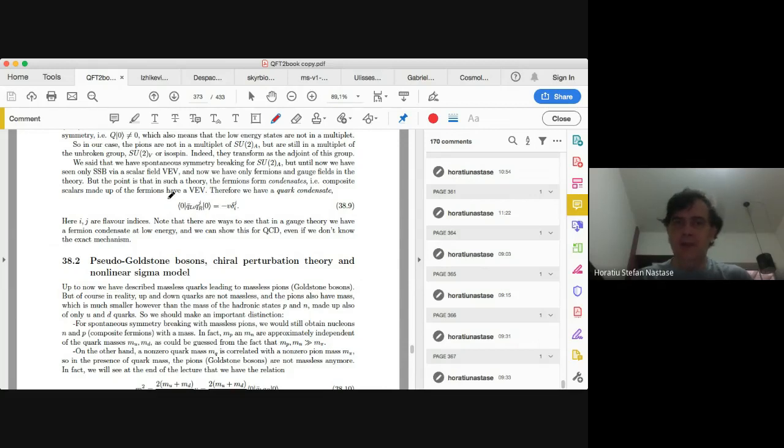Vacuum expectation value, meaning this operator in between vacuum states. And this constant is chosen to be minus V and diagonal in flavor index space. So minus V delta ij, proportional to the identity in flavor space.